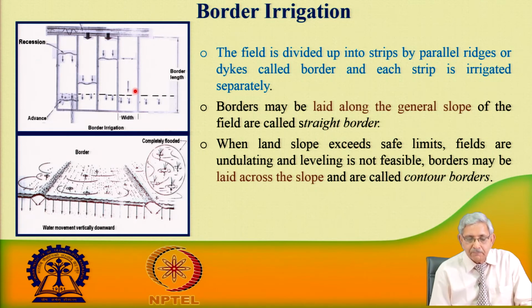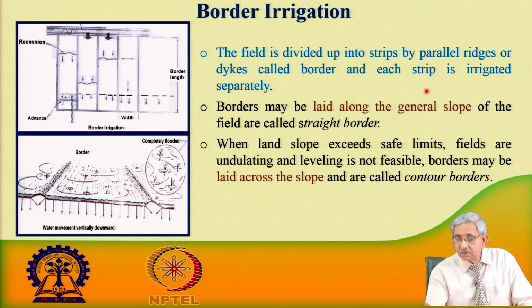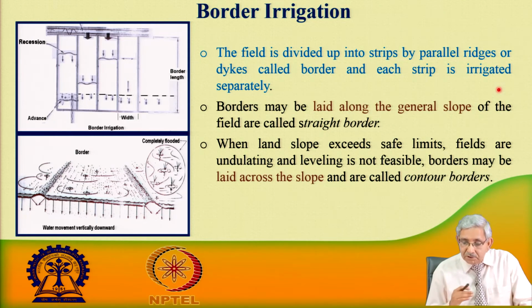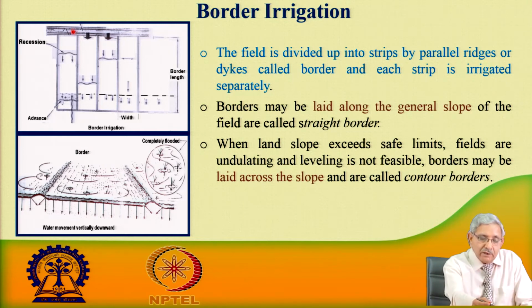These ridges are parallel to each other and have a certain height which guides the water to flow. Each strip is irrigated separately. Water is supplied from this end and it reaches the other end.